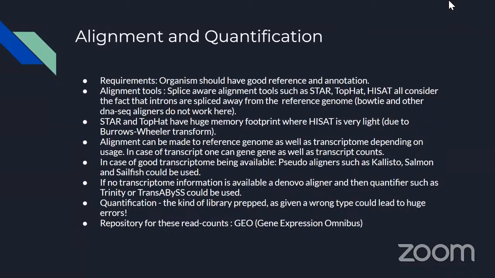Quantification here literally means read counts, and I'll show you an example. For every single sample, and for every single gene, you want the number of reads that are mapped to it. What these alignment tools do is give you these counts specifically.